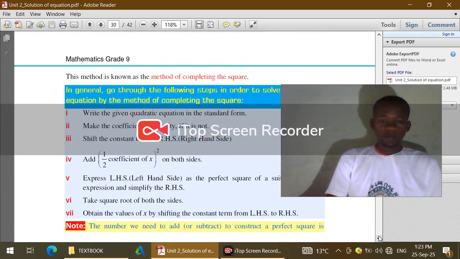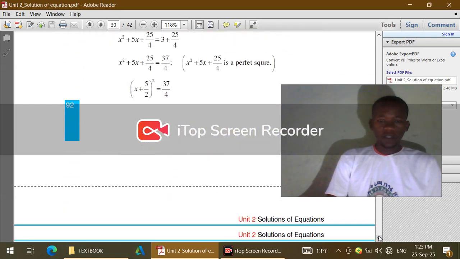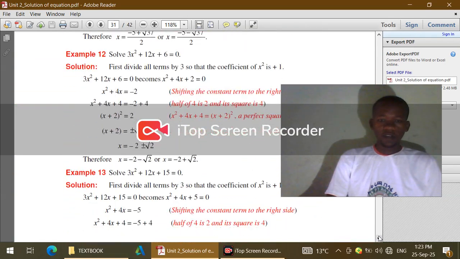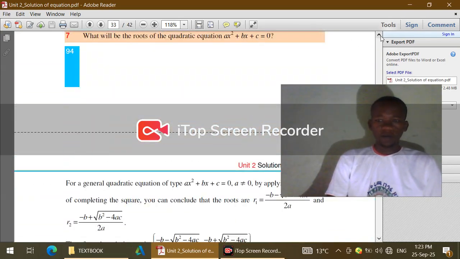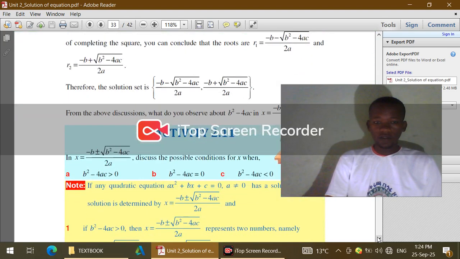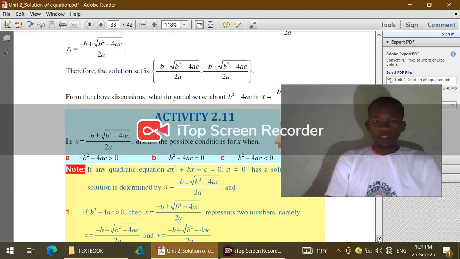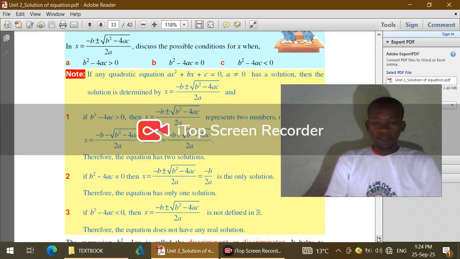So x is equal to minus b plus or minus the radical of b squared minus 4ac, over 2a, is the formula for any kind of quadratic equation. This is the shortest solution, where a, b, and c are the coefficients of the given equation.